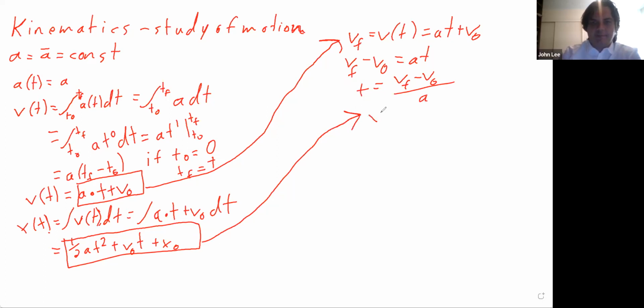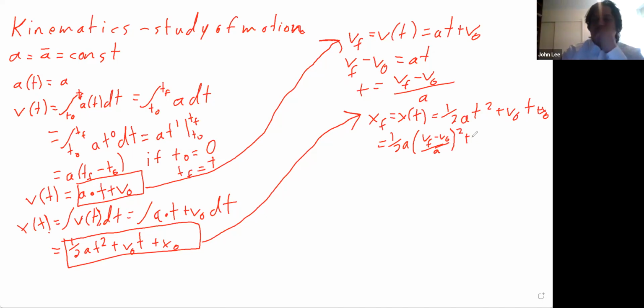So x final equals x of t equals 1/2 at squared plus v naught t plus x naught equals 1/2 a times (v final minus v naught over a) squared plus v naught times (v final minus v naught over a) plus x naught.